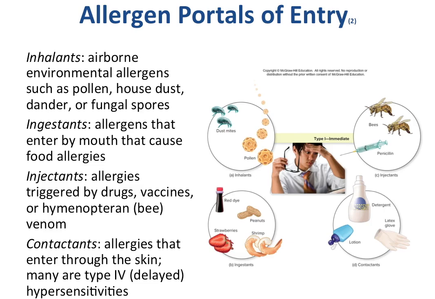We can also get the allergen by breathing. This is called inhalant, such as pollen, dust, and fungus spores. We can also eat the allergen. This is referred to as ingestion, such as food allergy. Or the allergen can be injected into our body.